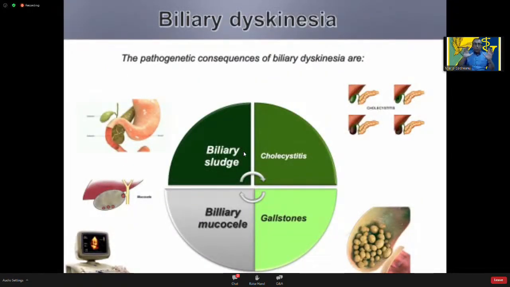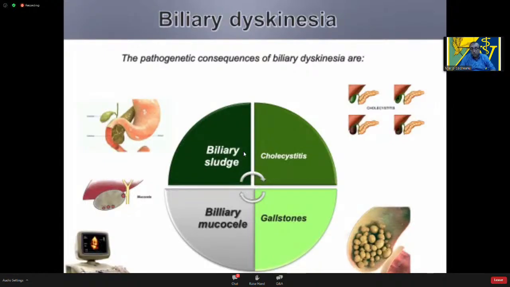Let's see now which are the pathogenetic consequences of the biliary dyskinesia. Of course, we will continue and we will try to understand that the presence of biliary dyskinesia can be responsible for the appearance and registering of the biliary sludge. I told you before in my first part of the presentation, which is followed in very many cases with inflammatory conditions of the gallbladder, of cholecystitis.